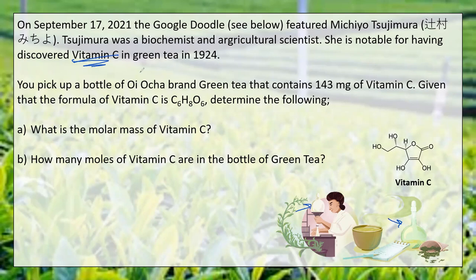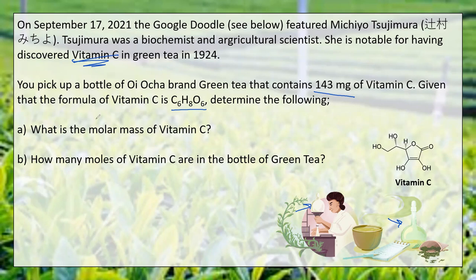In 2021, you pick up a bottle of Oi Ocha brand green tea, and it says it contains 143 milligrams of vitamin C. Given the formula for vitamin C, determine the following.